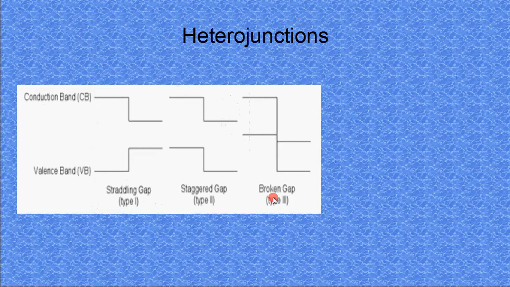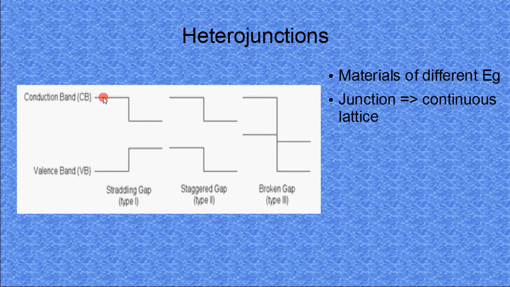There are three types of heterojunctions, and all of them have the same idea that the band gap is different between the materials. So in this case, the straddling gap type, which we are going to discuss next, we have two materials which have different band gaps, and the EC for the first material is bigger than the EC for the second material. The EV for the first material is less than the EV for the second material.